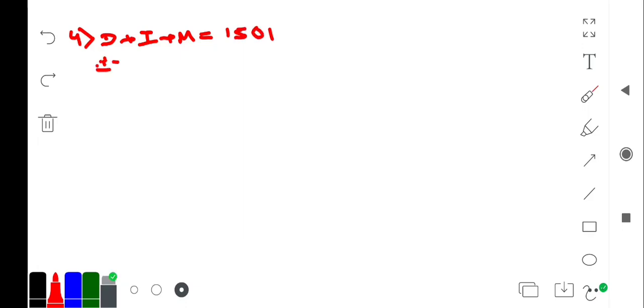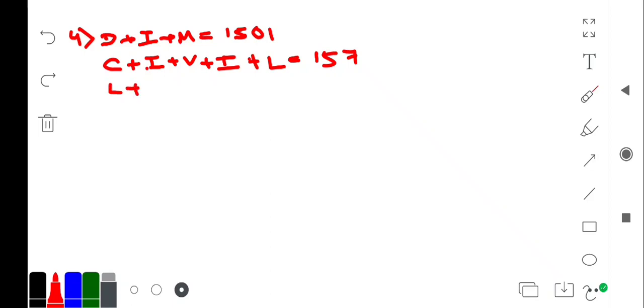C plus I plus V plus I plus L equal to 157. L plus I plus V plus I plus D equal to 557.